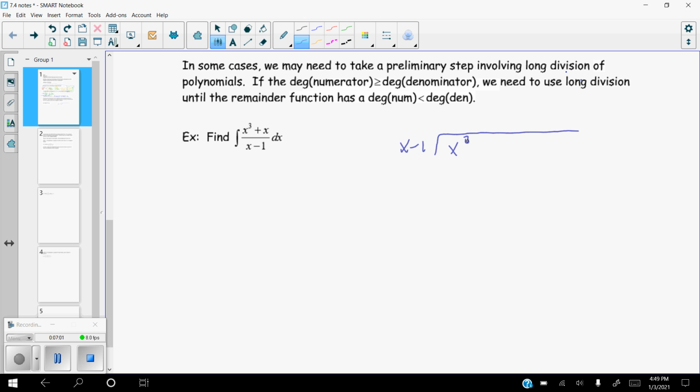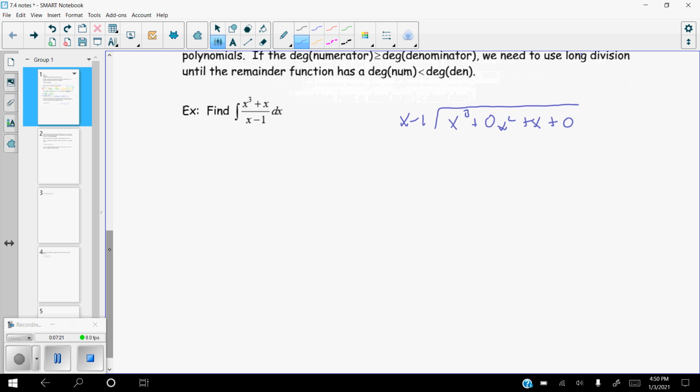But don't forget, you have to have placeholders for everything that's not there. I don't have an x squared term, so I have to have a placeholder for that. So we just say it's 0 x squared plus x. And then technically, I don't have a constant either, so I'll put a plus 0 on the end there. All that really does is help us to keep everything in the right placement when I go to do the long division.